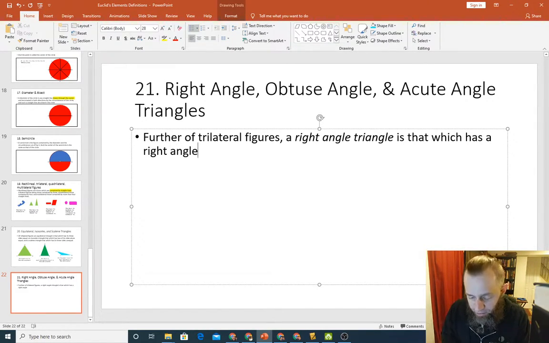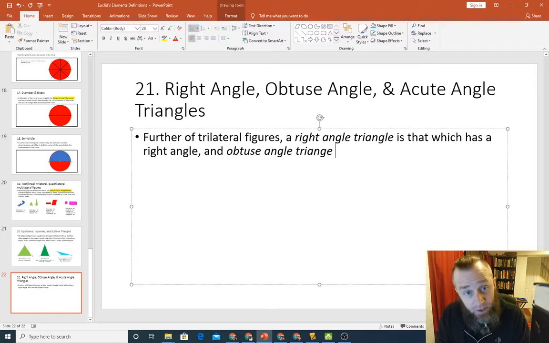Yay! I love it when definitions are straightforward and easy. And this is going to make the rest of them pretty easy too, by the way. But just because they're easy doesn't mean they're not important.